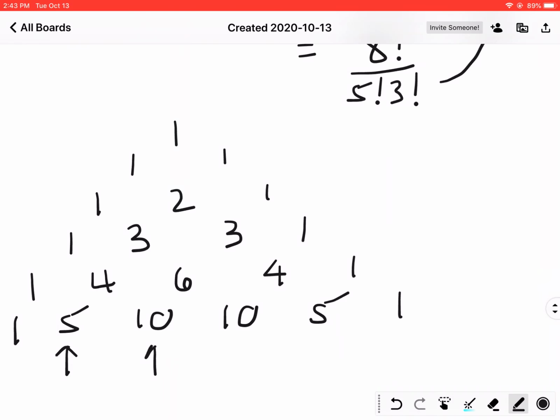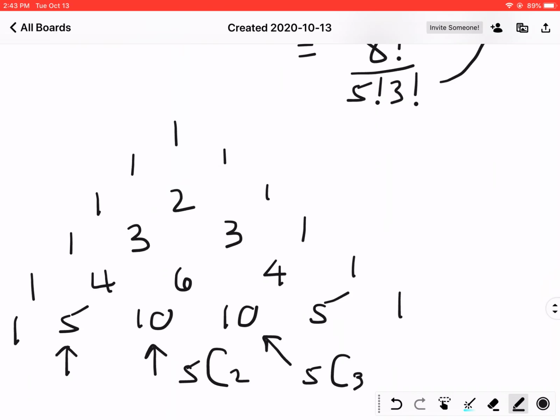So this here is actually 5 choose 2. This one here is 5 choose 3. So I could do the first, second, third, first, second, fourth, first, second, fifth, second, third, fourth, second, third, fifth, and then third, fourth, fifth. Bottom line is there would be 10 of those.